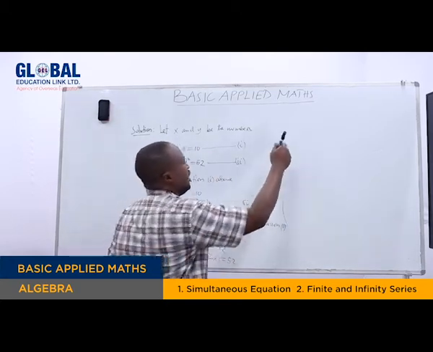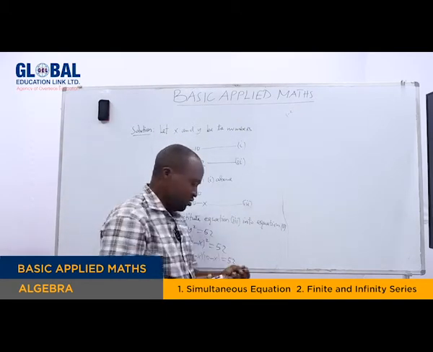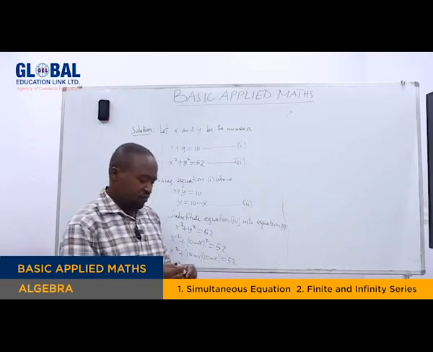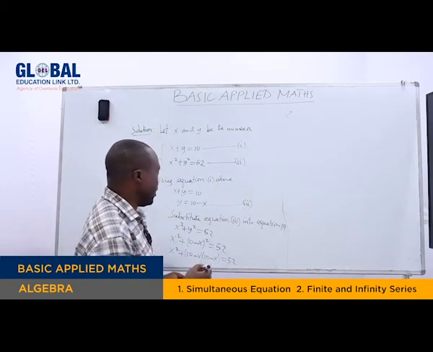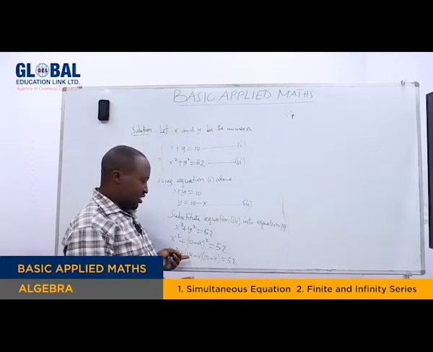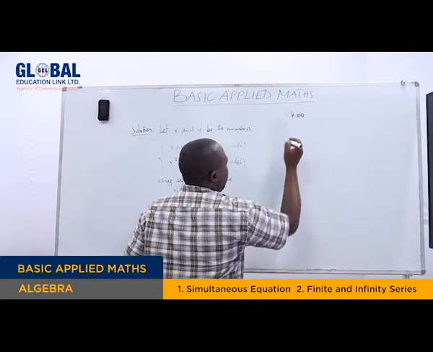We have x squared plus, now we take 10 times 10, that's going to be 100.